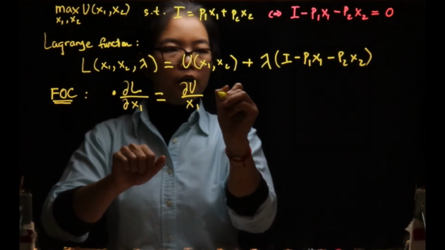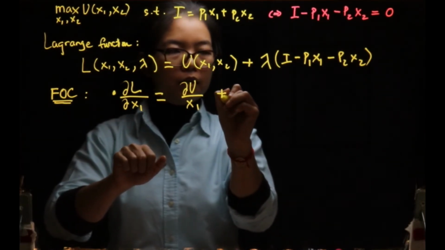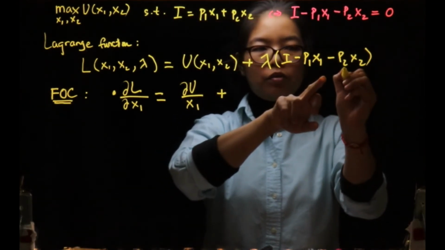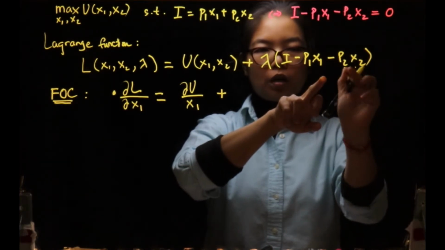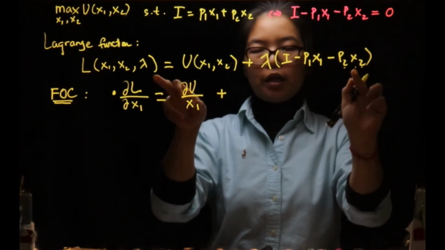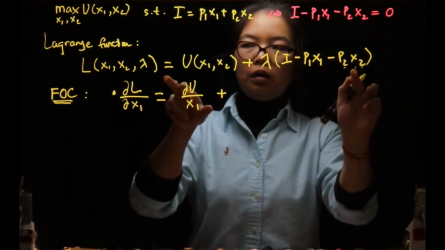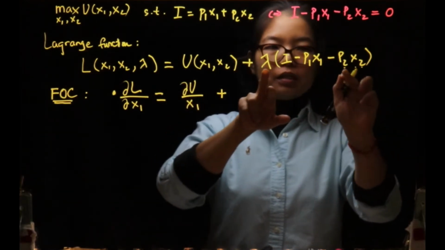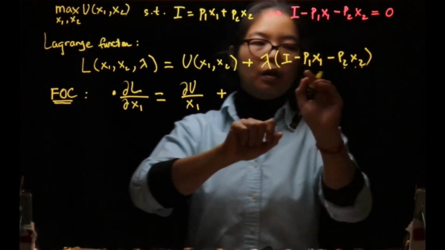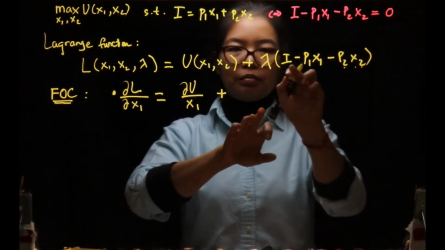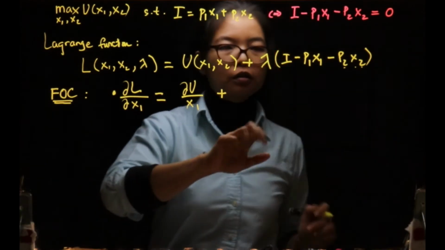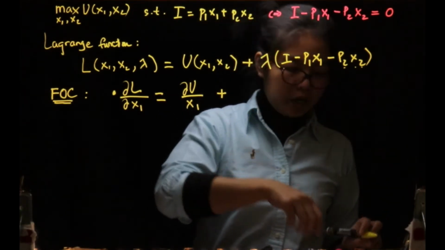Plus, here you don't have any x2, so lambda times p2 x2 is treated as a constant, and taking the derivative, it's gone. Lambda times I is also a constant, so another thing's gone.